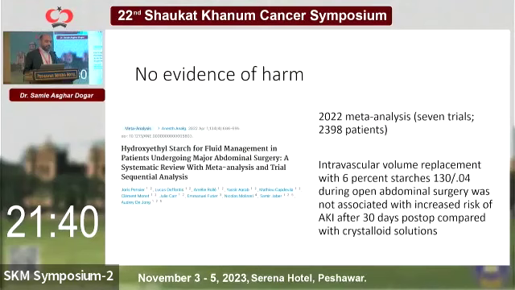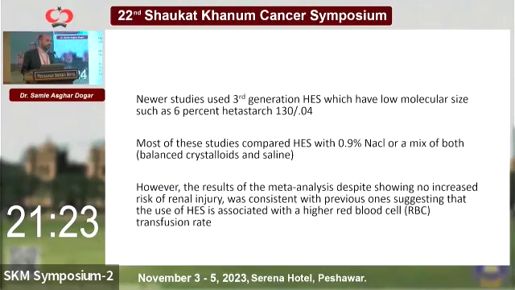And this 2022 meta-analysis compared starches for fluid management in patients with major abdominal surgery. And it also noted that they are not associated with increased risk of AKI after 30 days post-op. However, it's important to note that these newer studies, which have demonstrated no evidence of harm, are using third-generation starches, which have low molecular weight.